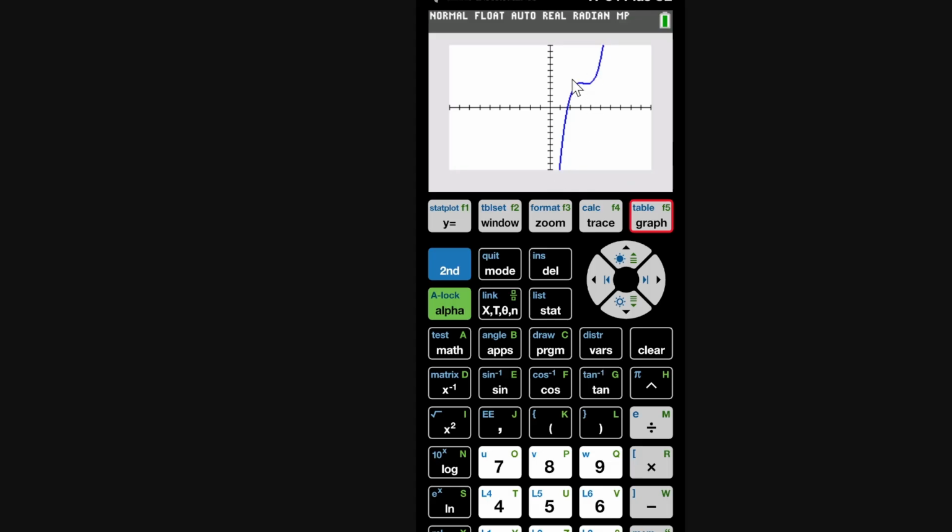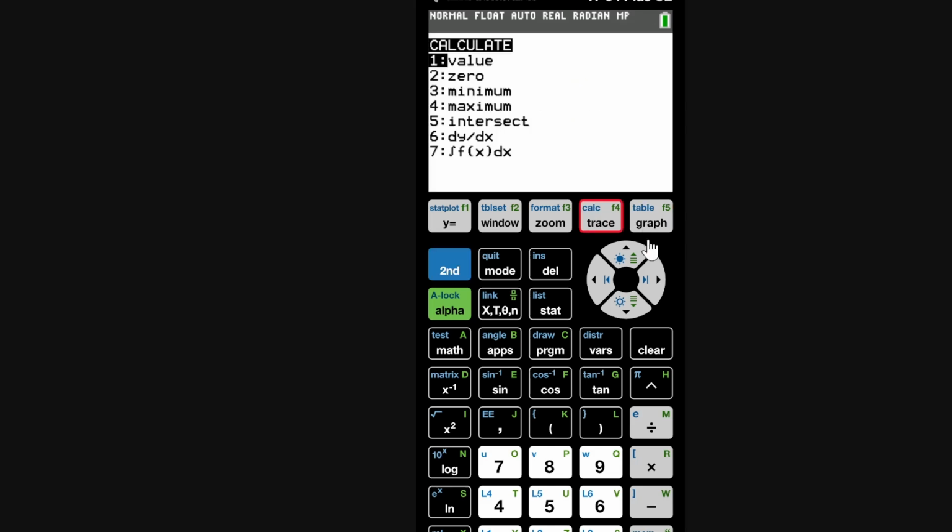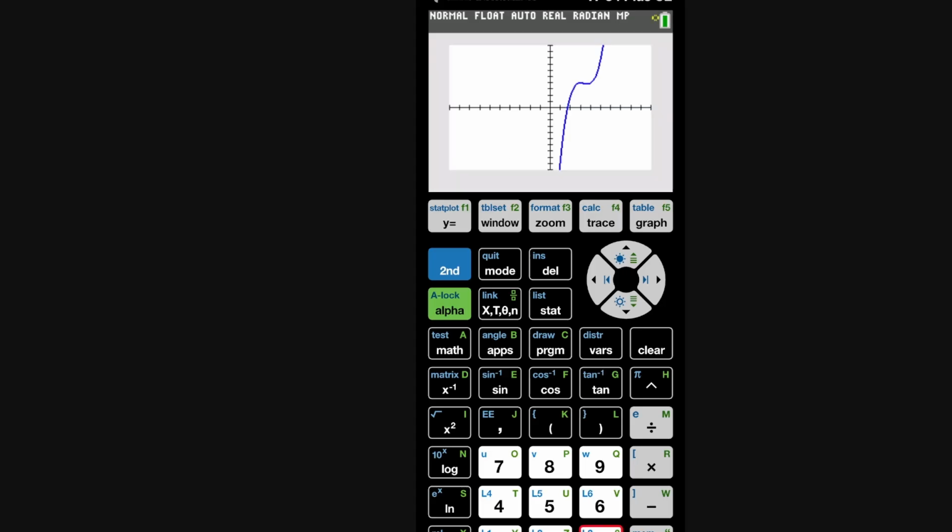I guess we could zoom in on that little section, but I can see that there's a max on the left and a min on the right. But we're just going to go second calc. Let's do minimum. We'll put our left bound, right bound. So just click one to the left.